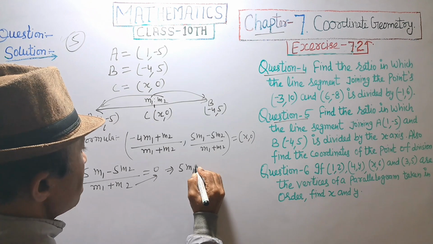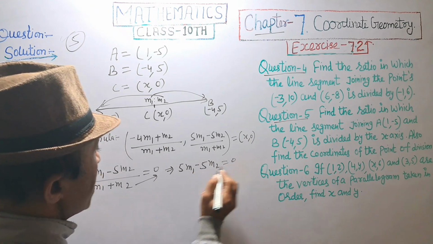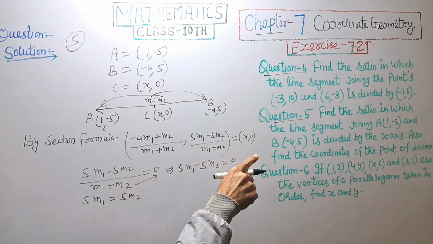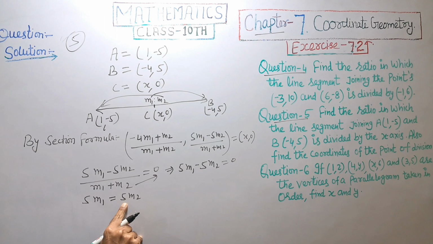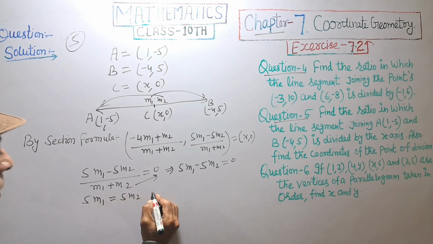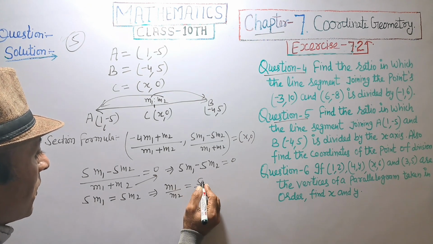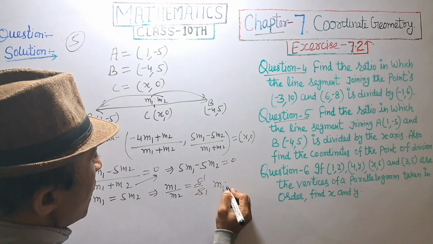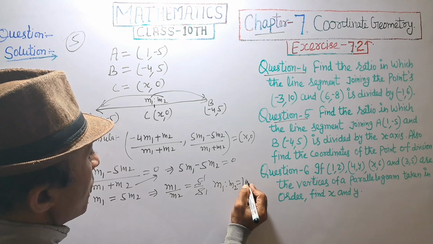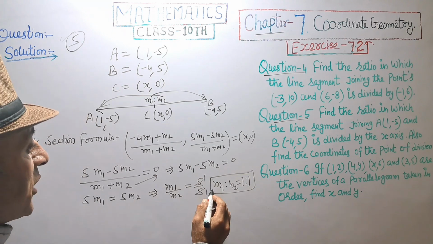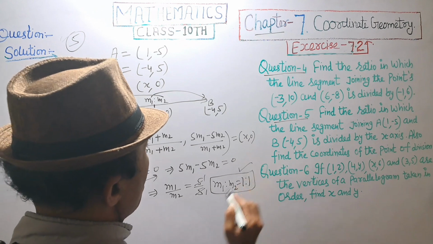So 5 m1 minus 5 m2 is equal to 0. 5 m1 is equal to 5 m2. Shifting m2 to the right side, m1 upon m2 is equal to 5 divided by 5. 5 is cancelled, so m1 ratio m2 is equal to 1 ratio 1.